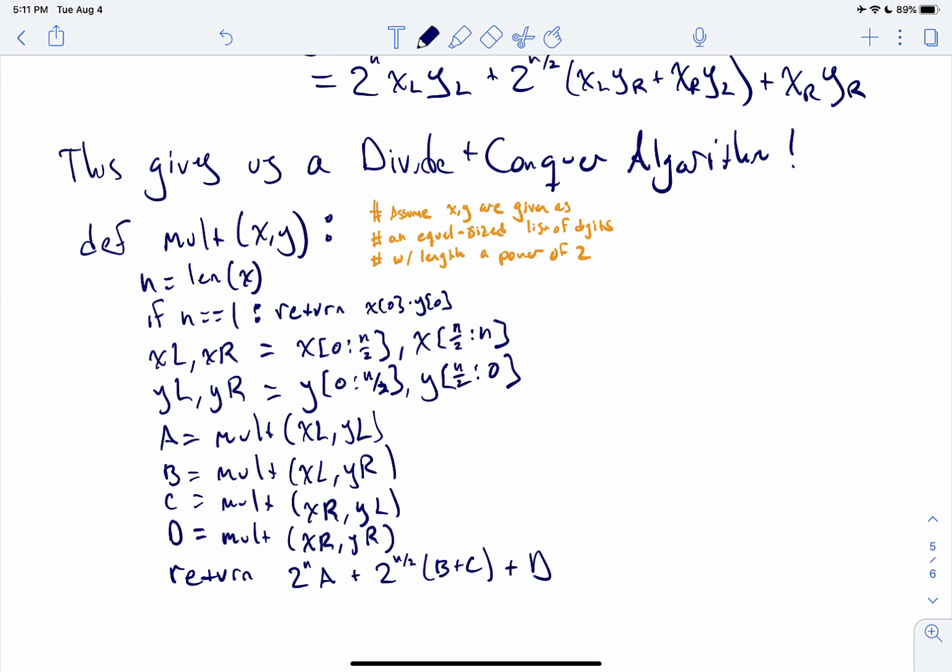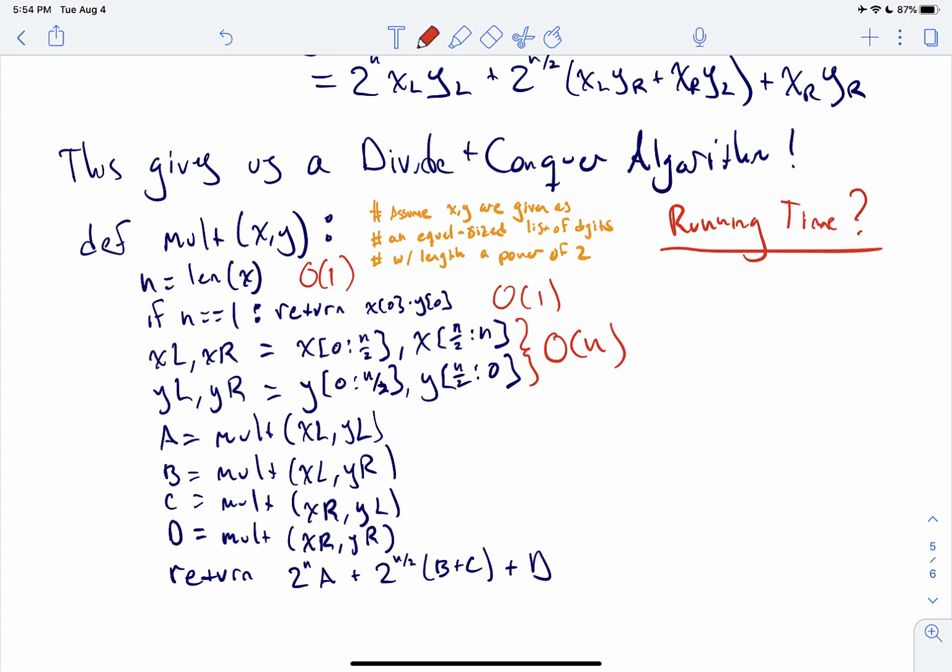Now, using the formula that we worked out above, we can combine a, b, c, and d to get the result we want. I know, technically speaking, I'm not following the type system that I suggested above, where the numbers are lists of digits, but let me cheat on this one and use some of my own pseudocode. The first few steps of this algorithm take no more than O of n time.